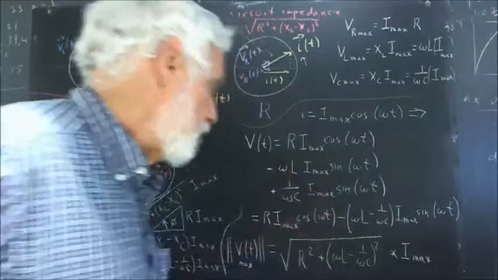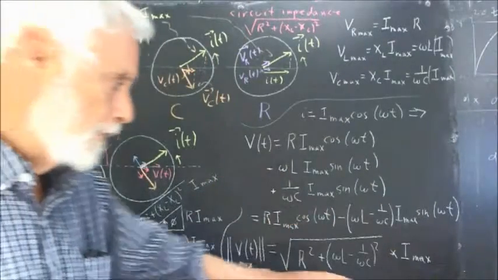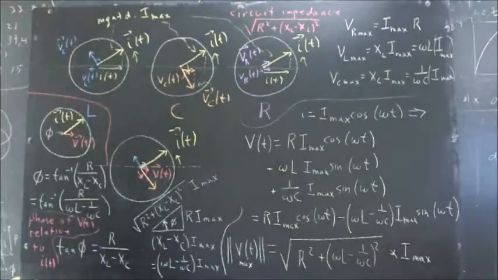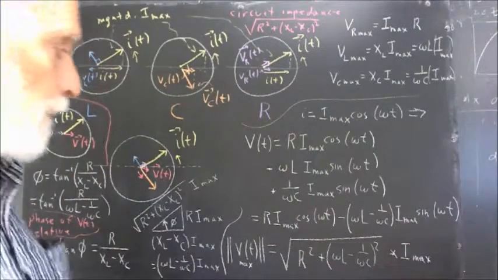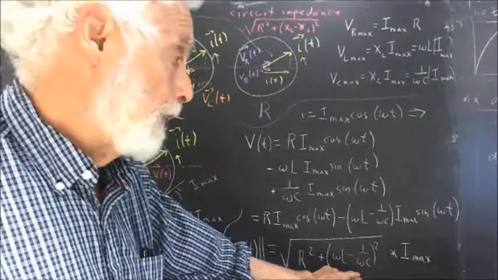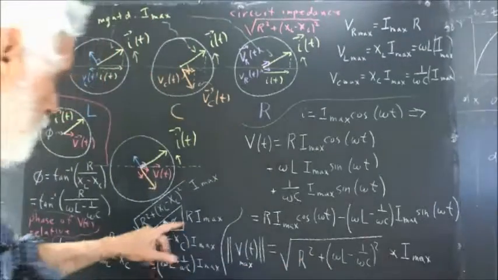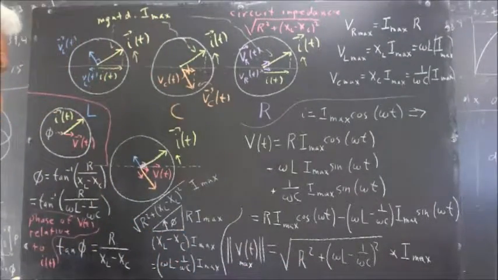They act kind of like legs of a right triangle, and here's the hypotenuse, one way to think of that. The phase angle is just going to be the arctangent of this divided by this. Again, a right triangle picture can help us see that.